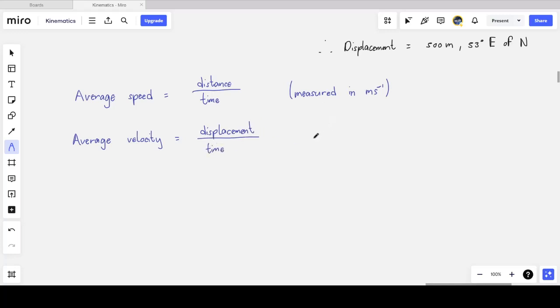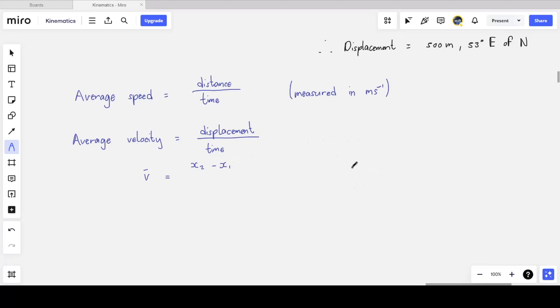And so it has an inherent direction associated with it. And so the average velocity, we use a bar above the symbol for the quantity, and we use v for velocity, hence I'm using the symbol v, as my position x2 minus my position x1.